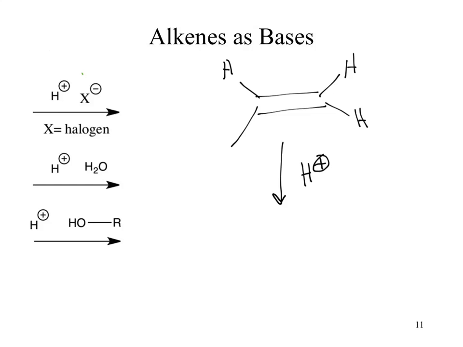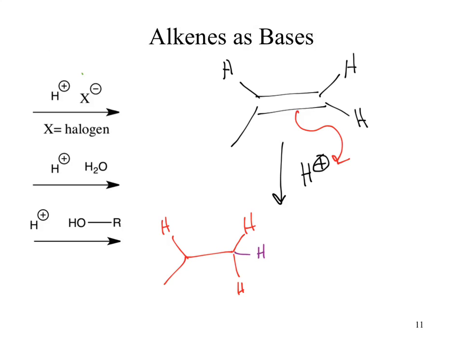Starting where? The pi bond. We'll go from the pi bond to our hydrogen. There are two possible products that we could draw out of this. Sorry, not green.